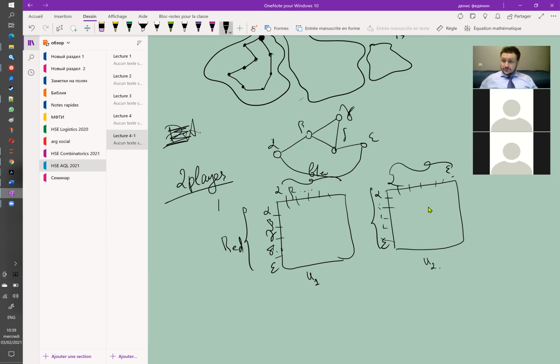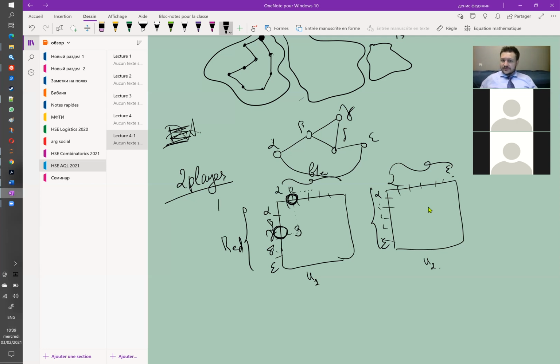Why do we need two matrices here? Because we want to place the utility function for all combinations for every player. For example, if the red player chooses gamma and the blue player chooses beta, then gamma is red and beta is blue, and we can calculate the utility of those players and place the number here.